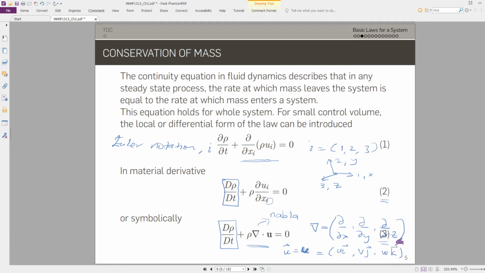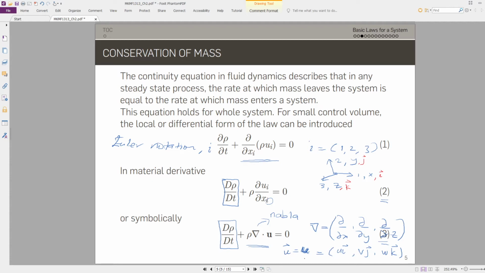So i, j, and k actually refer to the directions of our flows: in the x direction we use i, in the y direction j, and in the z direction k.